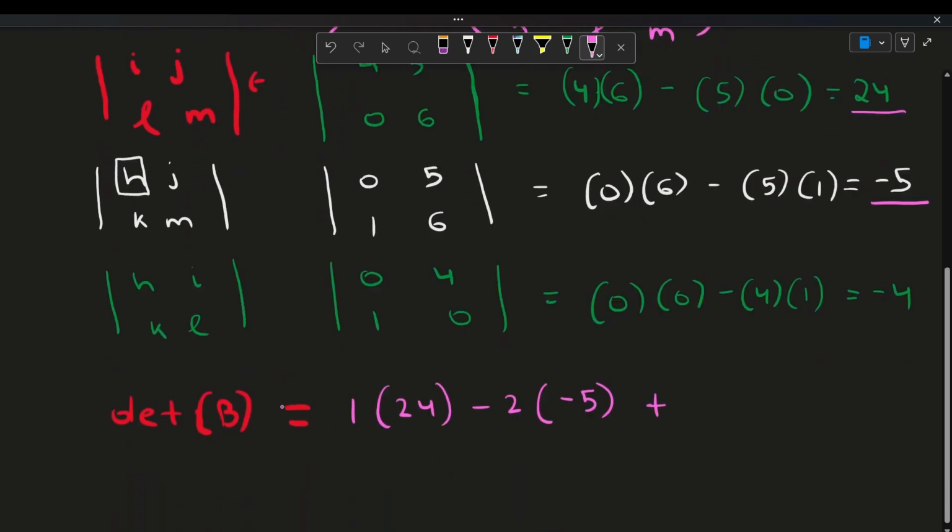So it would be plus 3 times negative 4, because negative 4 is the value we have right here. So that's how we've made our expression. Finally, our last step is just to evaluate this expression, and that would give us 24 plus 10 minus 12, which is 22. So that's how easy it is to compute the determinant of B.